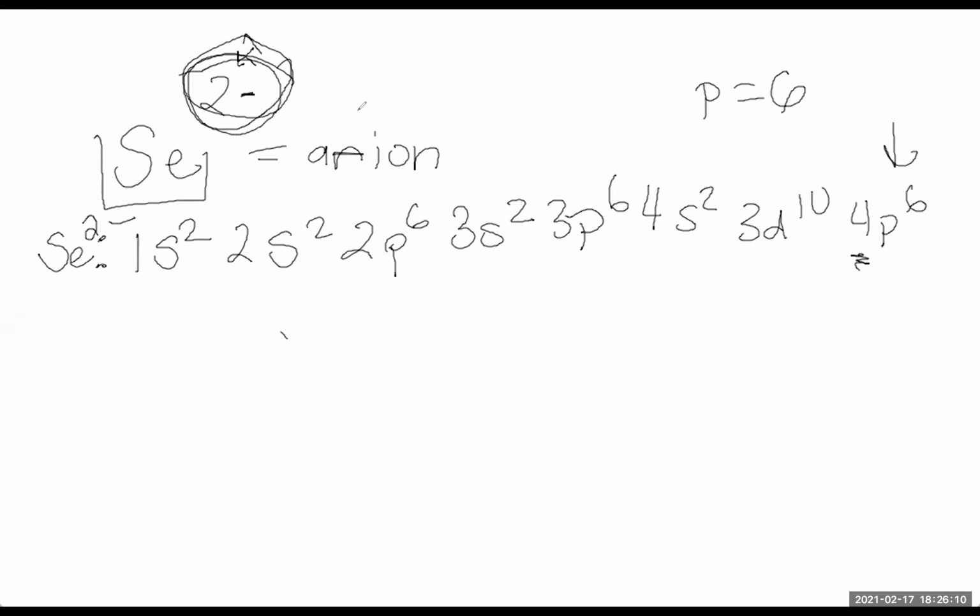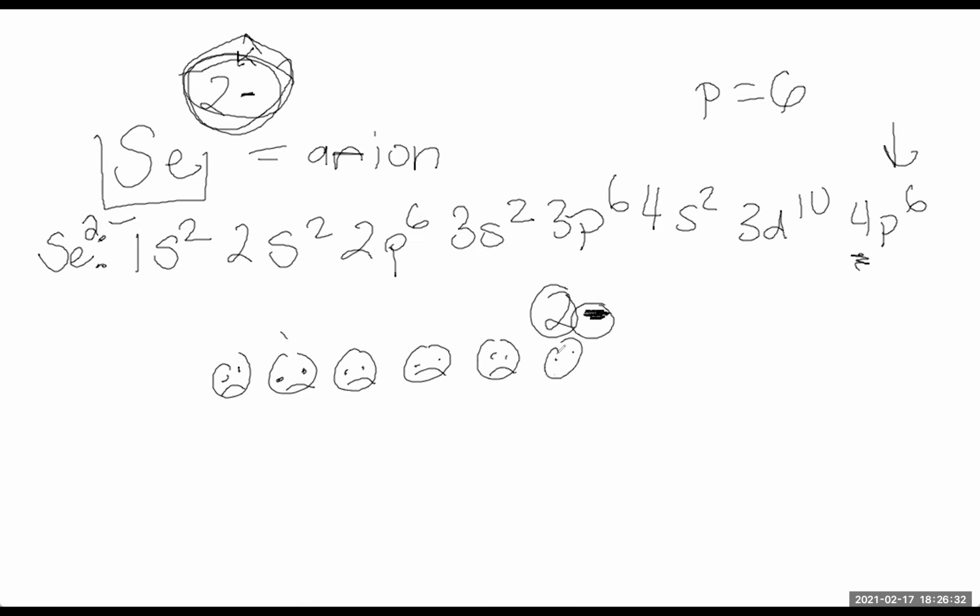Remember, electrons are negative. So if you add 2 more electrons, let's say you have 4 negative people, like this. If you add 2 more negative people, there's going to be a total of 6. Now let's say you had a 2 plus here.